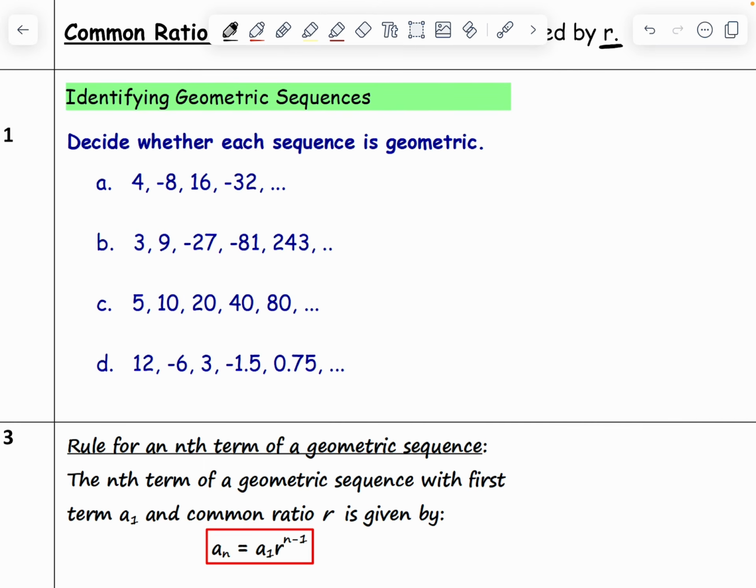So if we look from 4 to -8, we are timesing by -2, and then if we continue that here, timesing by -2, that works, and timesing by -2 again gives us our next term. And since we're multiplying by the same number to get the next term in the sequence, it is a geometric sequence. And our common ratio, notated by R, would be -2.